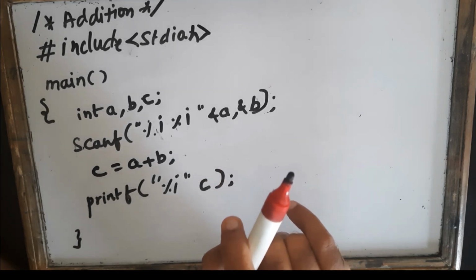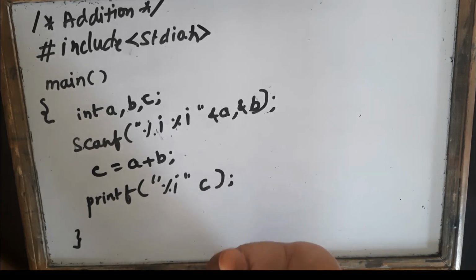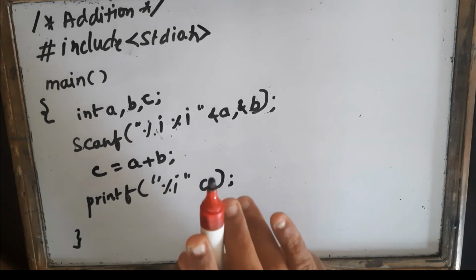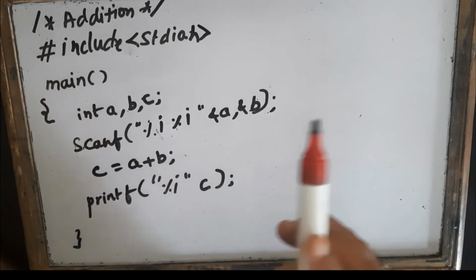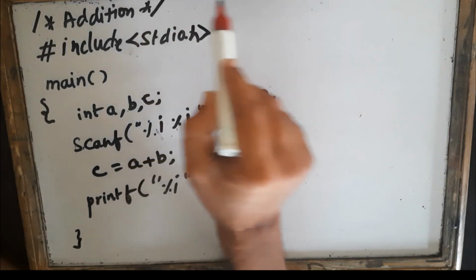In this way we try to understand how to write a program in C language. This is the standard example of addition. I wrote it in a very basic way so that it's easy to understand for beginners.